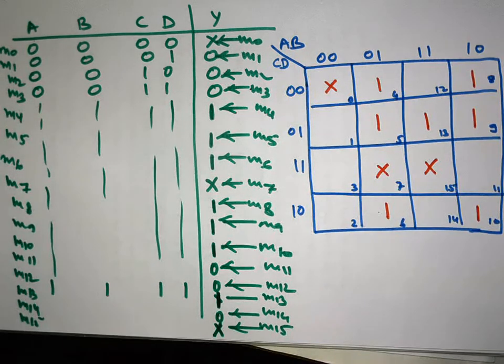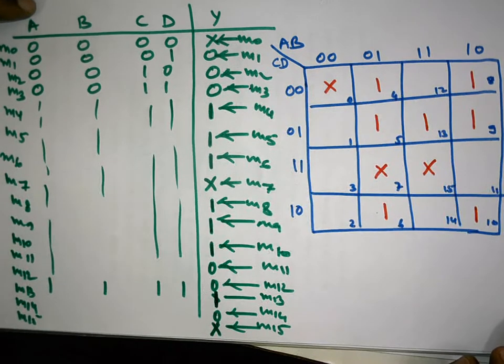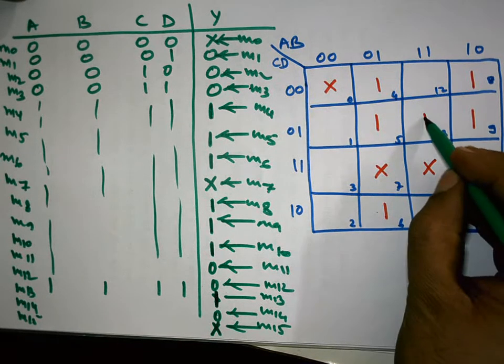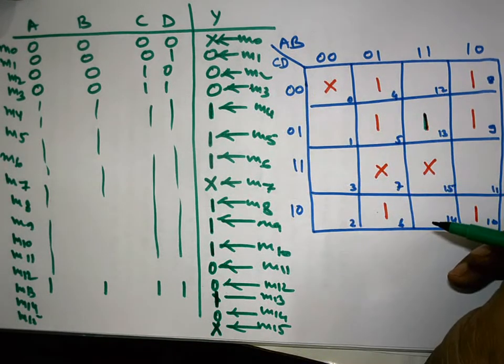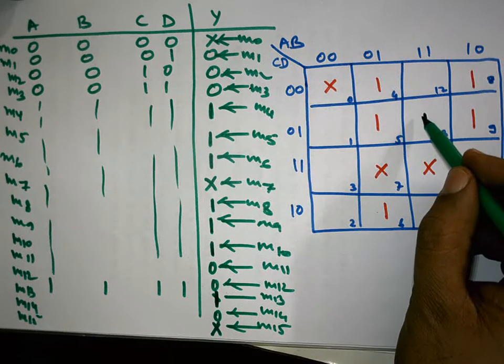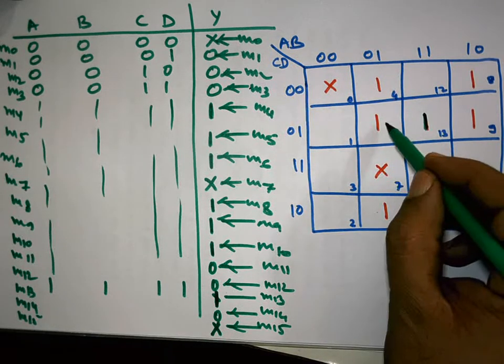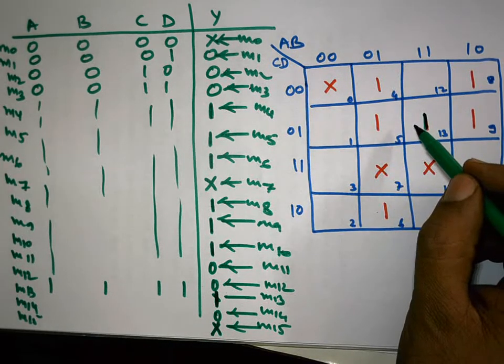To minimize this kind of K map, which comprises of ones, zeros and don't care, we will start with any one. We will start minimizing by taking 1 as the starting point, and we will see which one or don't care is adjacent to this.